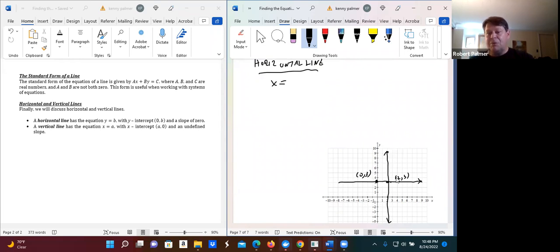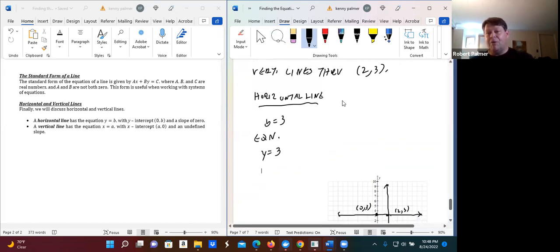It's also going to go through 0, 3 as a slope of 0, remember, for a horizontal line. So here, b is equal to 3. And if you notice, our equation is y equals 3, because on our line, y is always 3. No matter what x is, y is always 3. It doesn't depend on x.